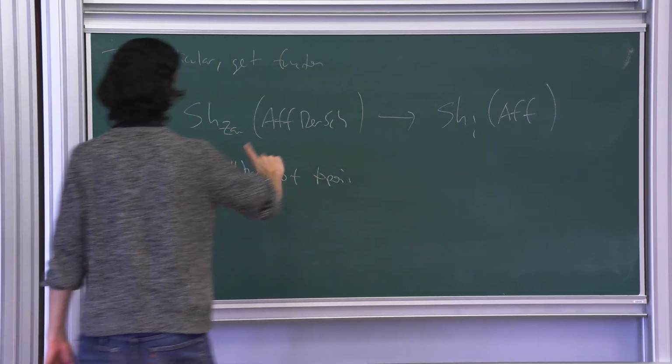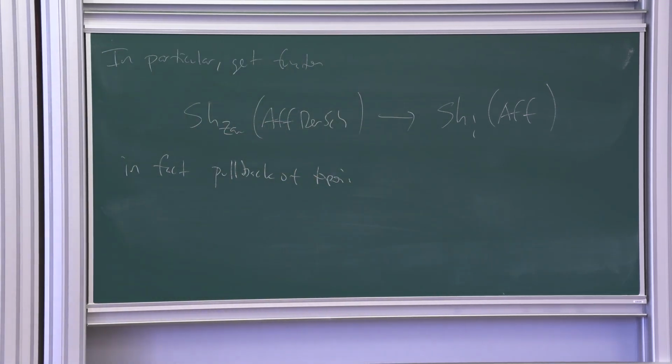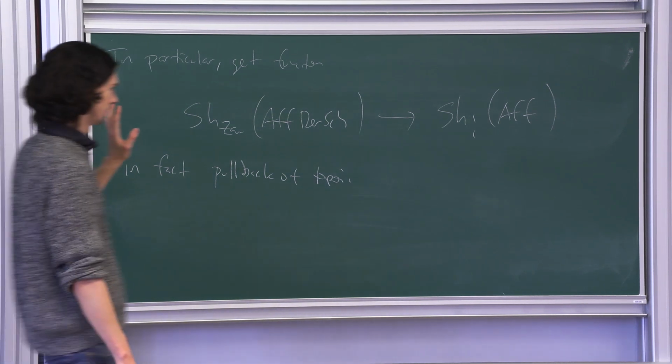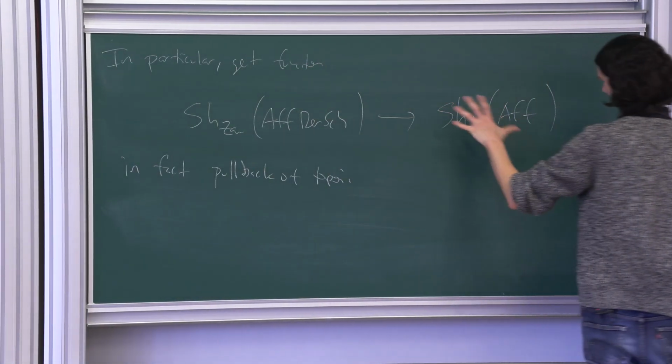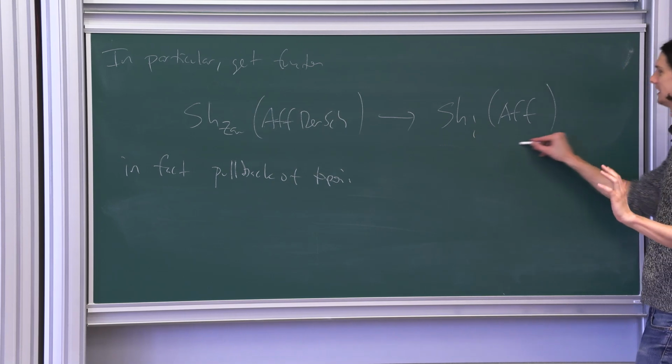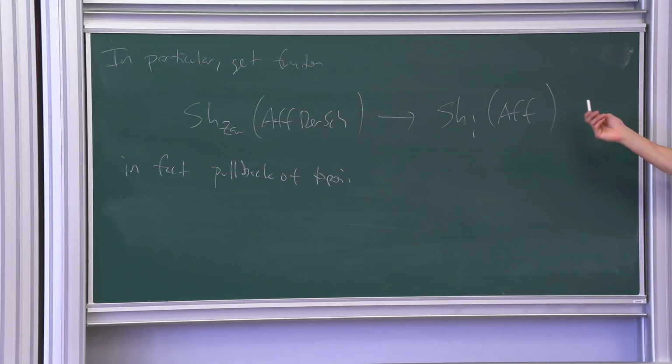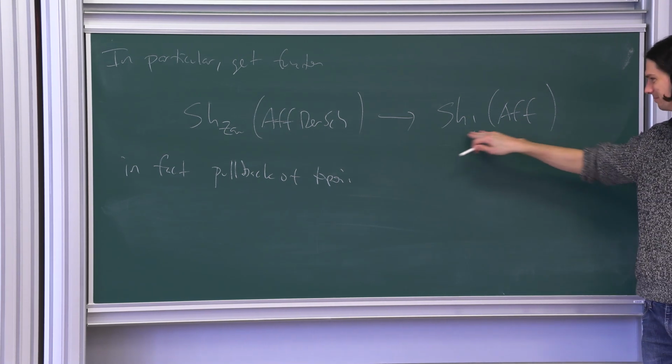So it commutes with colimits and finite limits. That's kind of a consequence of this. So this is one way of embedding usual algebraic geometry into, well, I haven't quite defined what an analytic space is. It's not exactly going to be this, but it's close enough for practical purposes.